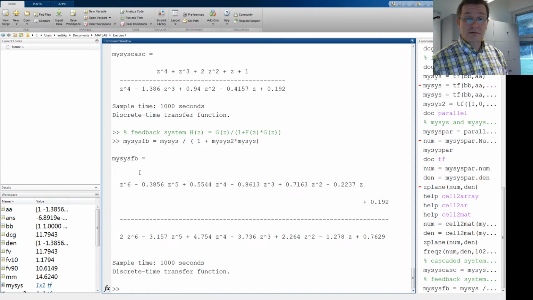Wow! 6th order system as a feedback system. And then you can take the parameters out and do the analysis of how this one actually behaves.